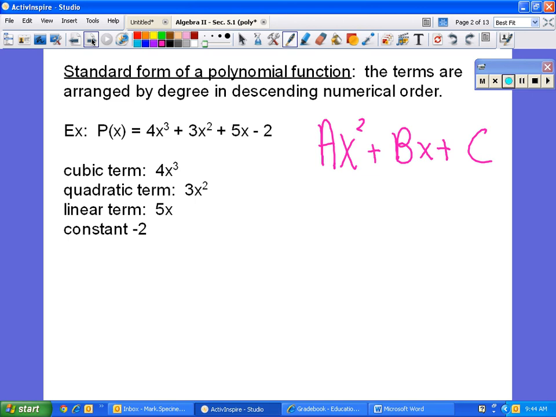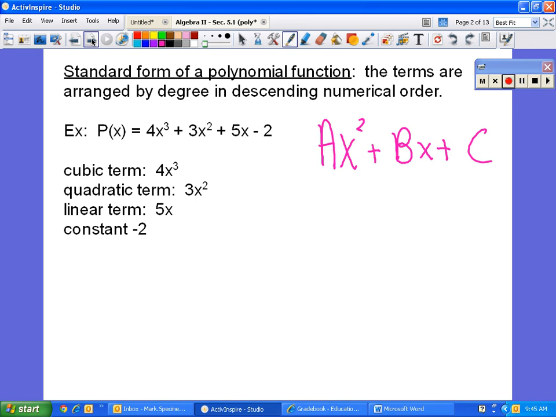Standard form was ax squared plus bx plus c. Here, you notice we have x squared, then we have x, and then we have some number by itself. Well, standard form means going from the highest exponent to no exponent. From the highest to the lowest, and then bringing up the rear is the constant.